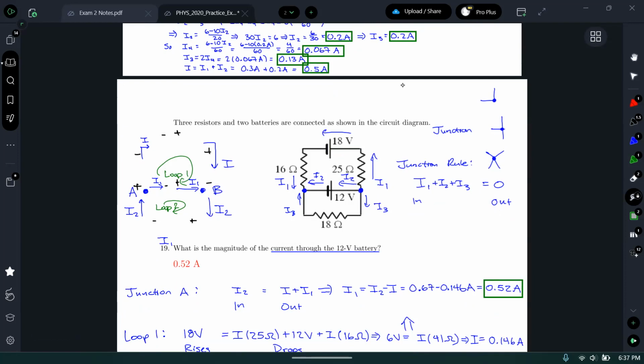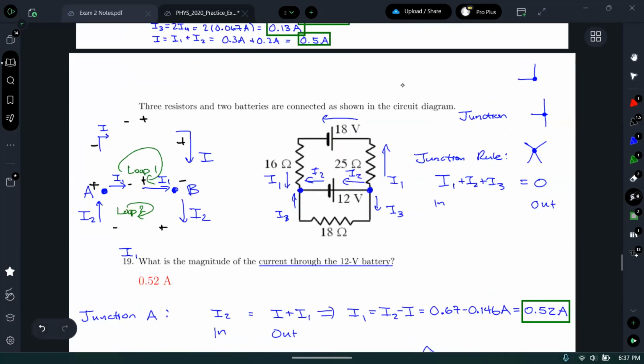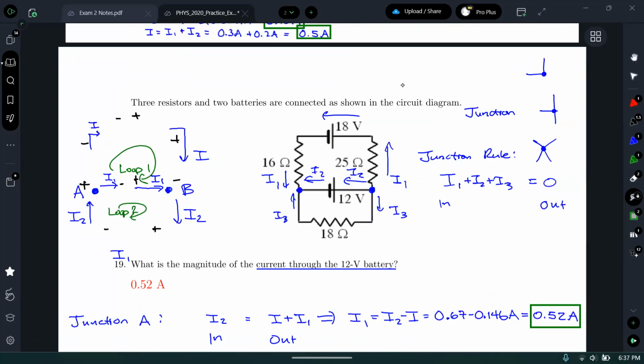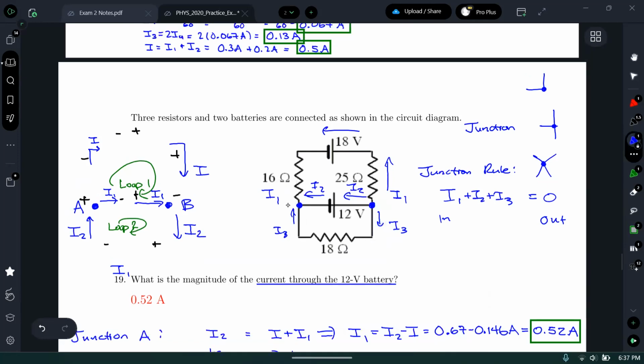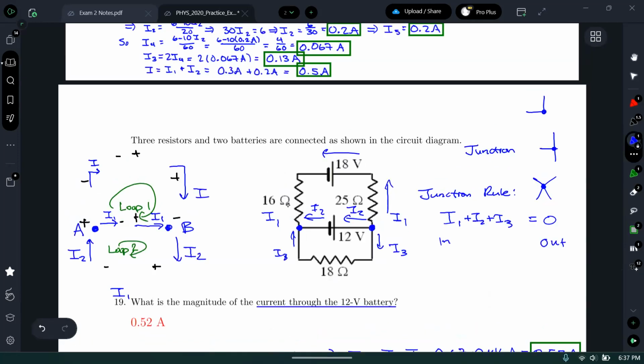Okay, so I think the question you have is about the thing I'm saying, that it actually doesn't matter. It really is your choice. So I don't actually know that I1 goes this way. It could go this way. It could have gone that way.